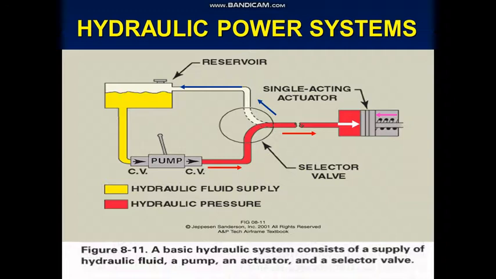Here we have a simple hydraulic system. As we talked, we have a reservoir for the hydraulic storage and we have a hand pump. Here we have a check valve, a selector valve to select the way of the hydraulic fluid. We have an actuator.